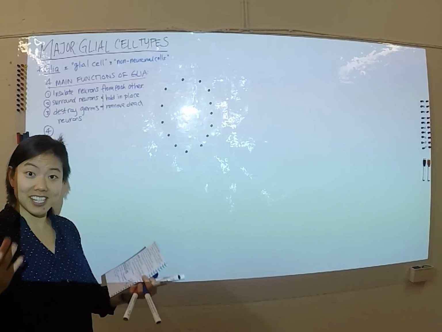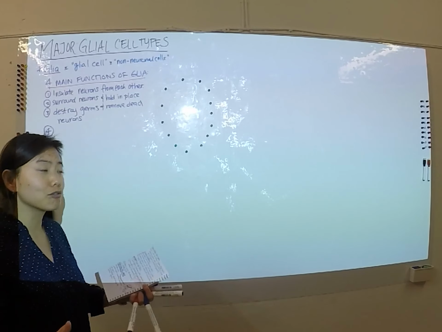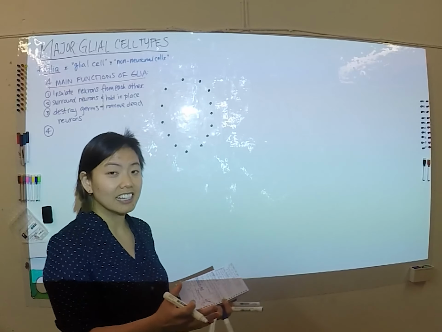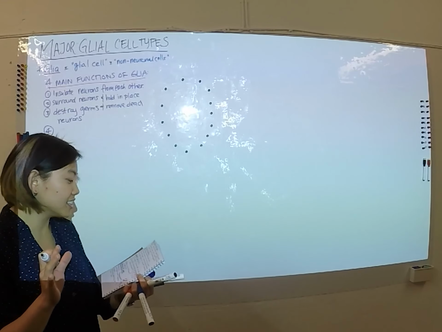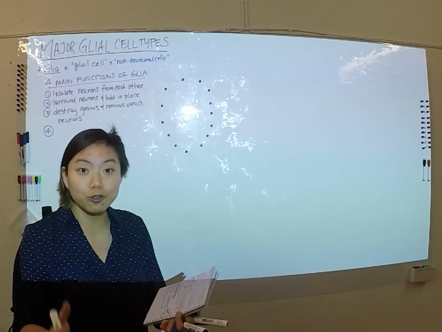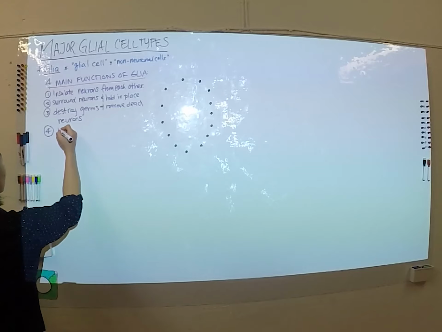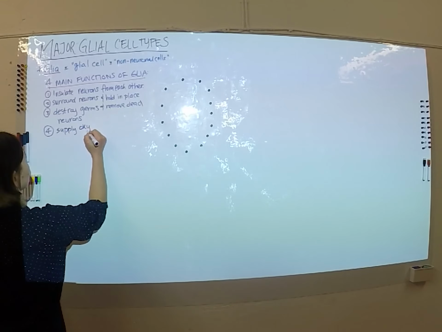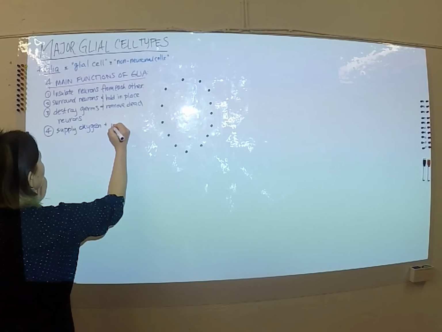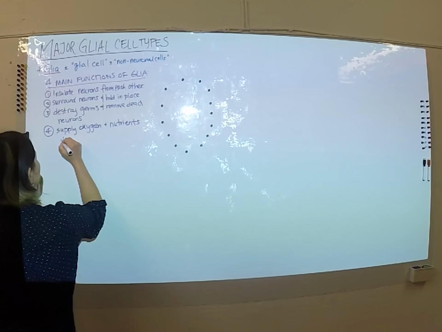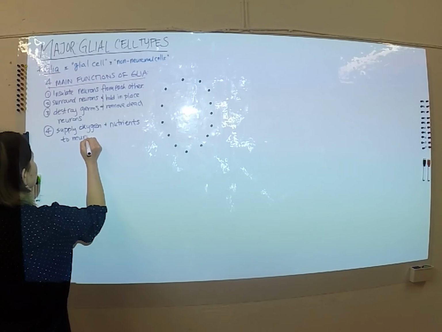Then they also provide protection by destroying germs and removing dead neurons so that new neurons can grow in their place. And last but not least is they feed the neurons. They supply oxygen and nutrients to the neurons, okay? Supply oxygen and nutrients to neurons.